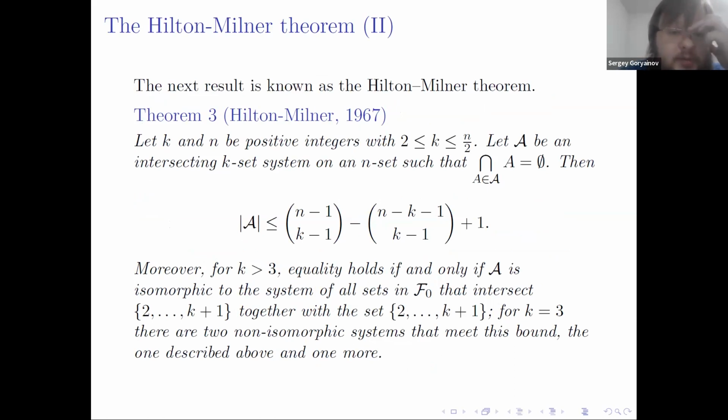Let k and n be positive integers with the property that k is greater than or equal to 2 and less than or equal to n over 2. Let A be an intersecting k-set system on an n-set such that the intersection of all the sets in A is empty.